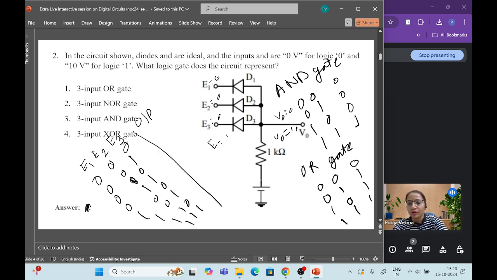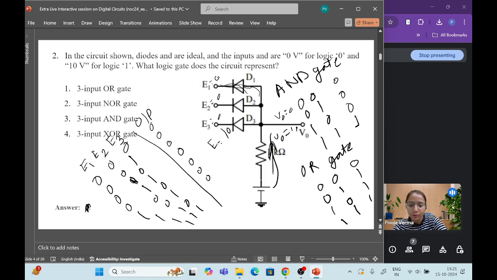So what I have told: when any of E1, E2, E3 are 0, that diode will be on, and current will flow from here to here. So if any of the inputs are 0, the output will be 0, right? And when all three inputs are at logic 1, the diodes will be off, there will be no current passing through them, the current through the resistor will flow, and this voltage will appear here.